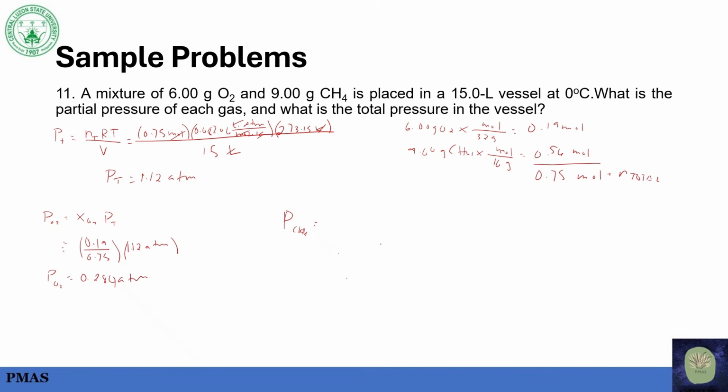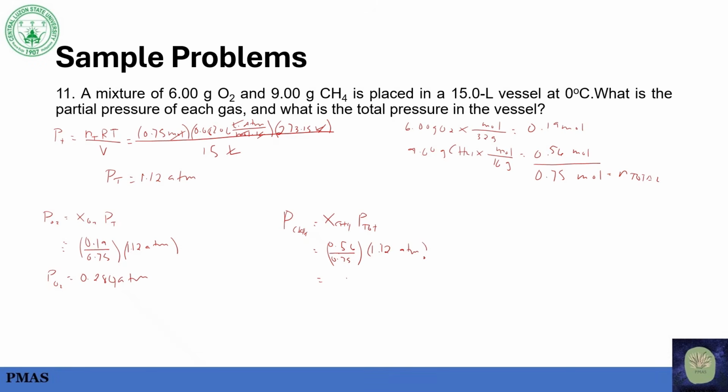Now we can do the same when calculating the partial pressure of CH4. This is equal to the mole fraction of CH4 multiplied again by the total pressure. So this is 0.56 over 0.75 multiplied by 1.12 atmosphere.